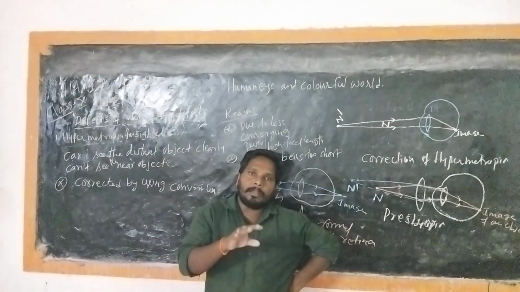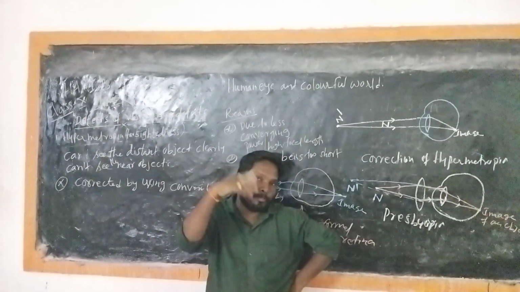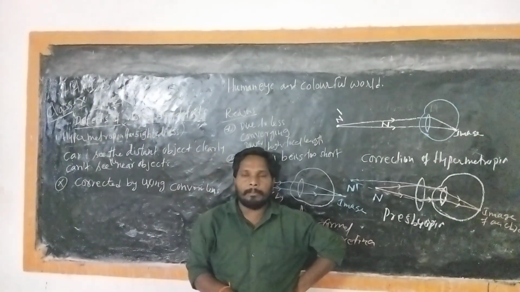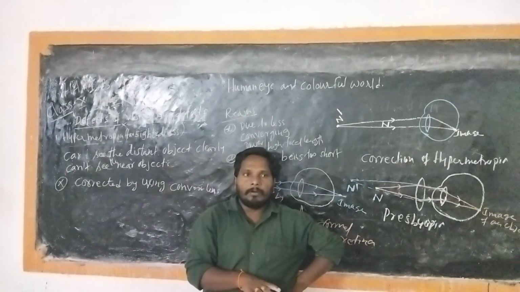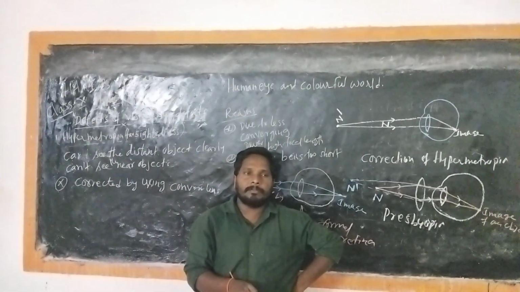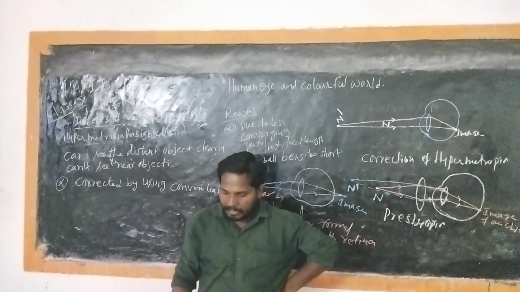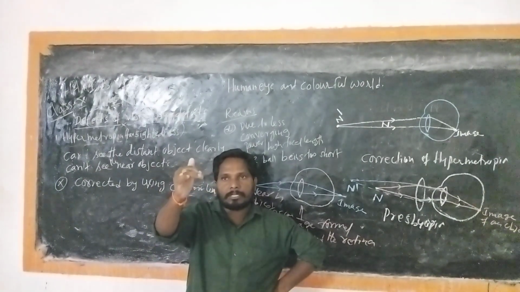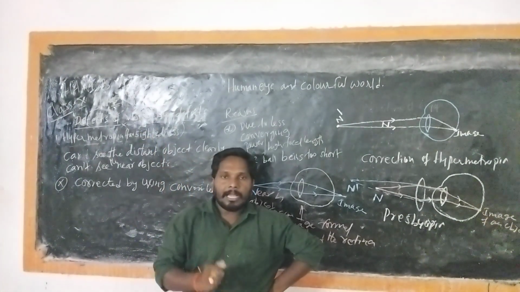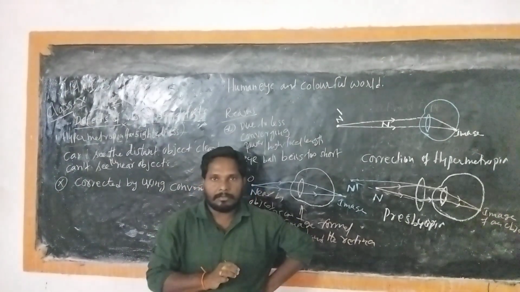Sometimes people suffer with both myopia and hypermetropia. To correct that problem, the person must use spectacles containing both a concave lens and a convex lens. The concave lens is for seeing the distant objects, and the convex lens is for seeing the nearer objects.